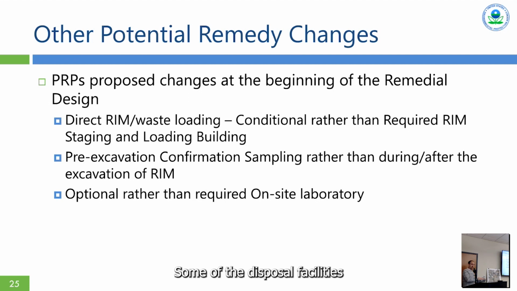Some of the disposal facilities that we were looking at the time that we issued the Record of Decision Amendment can now take slightly higher concentrations than they could before. So all that together means that this high rim that was going to cause additional handling, prolonged staging, and generally make aspects of the excavation harder, all that's gotten easier.